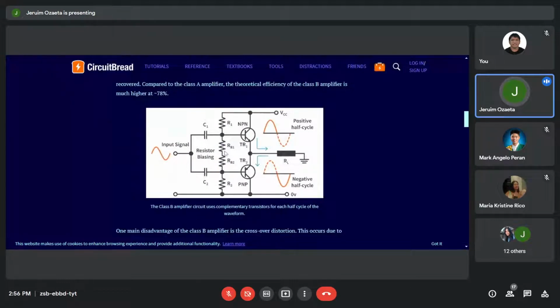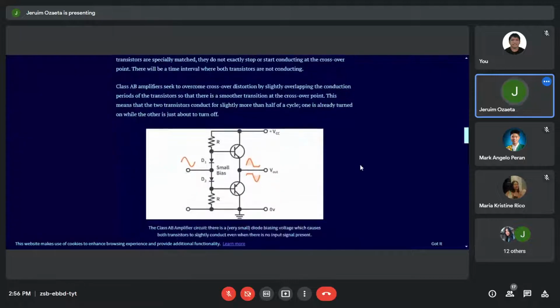Why is this a class B or class AB? Okay, let us see. In here, the input is being filtered by the diode.